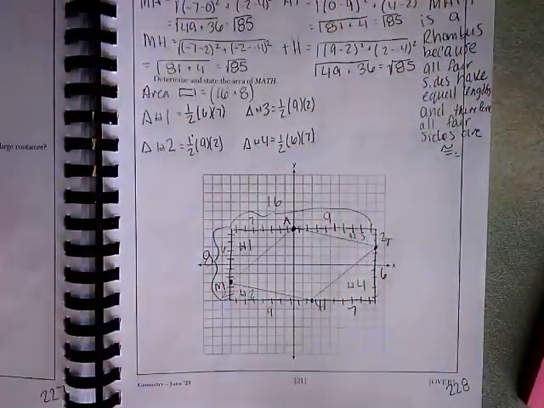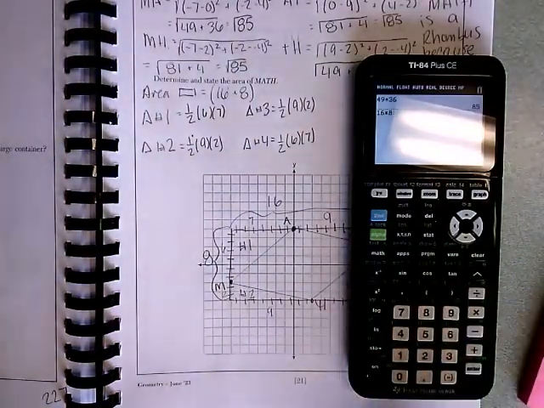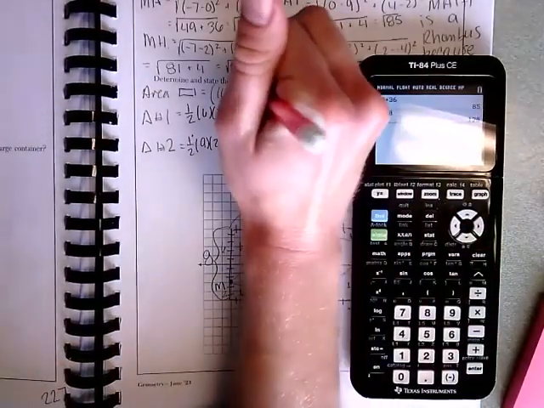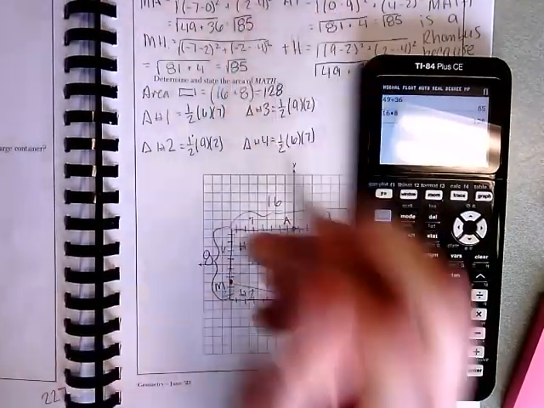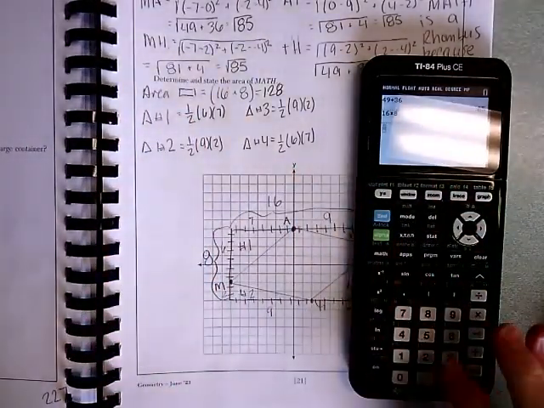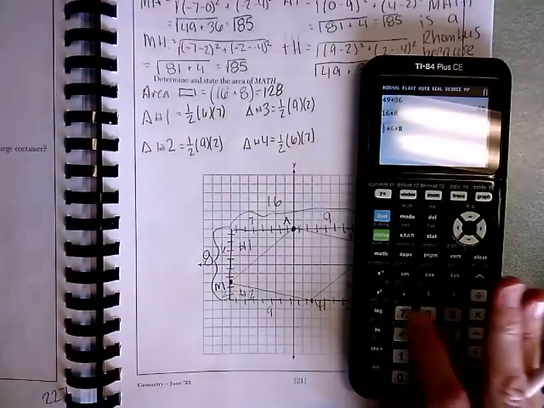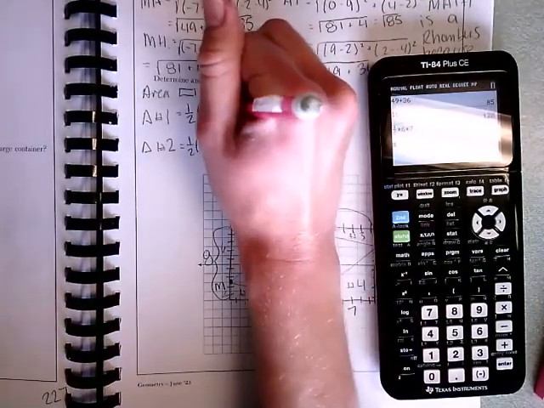Okay. So let's kind of simplify this a little bit. So 16 times 8 is 128. The area of triangle number 1 and triangle number 4 is 21.